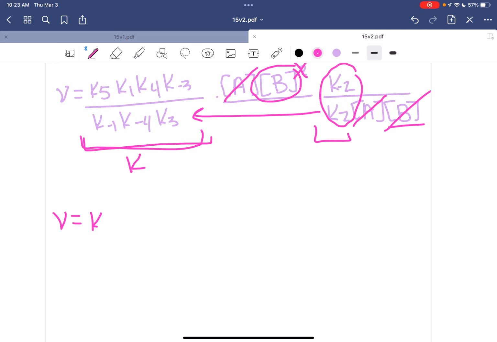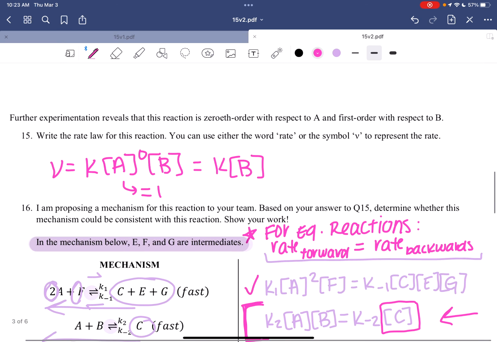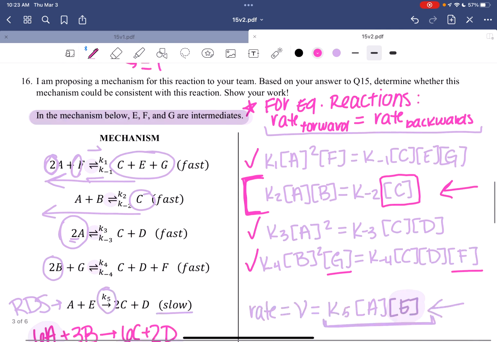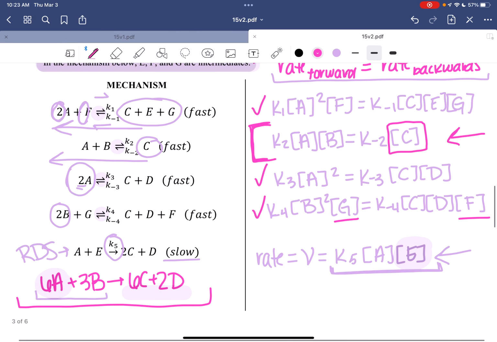So we have our rate is equal to some big K that encompasses all of those, and the only concentration we have left is just a single concentration of B. And if we go back up to what we said was the answer to question 15, it actually matches what we know to be the correct rate law for this reaction, which is overall 6A plus 3B goes to 6C plus 2D. So this mechanism that we've been working with today is in fact a correct mechanism for this reaction.